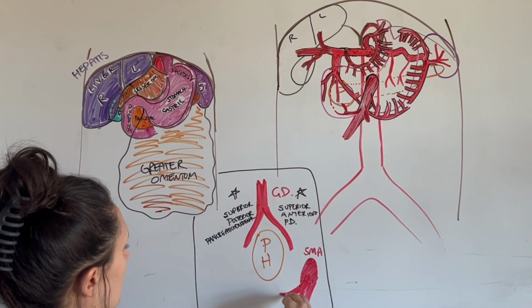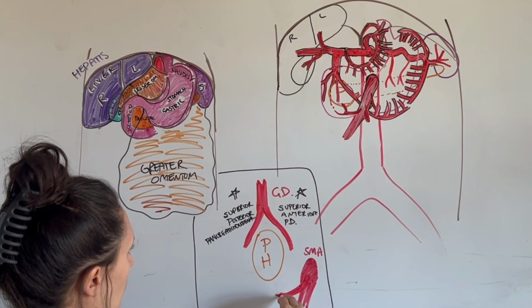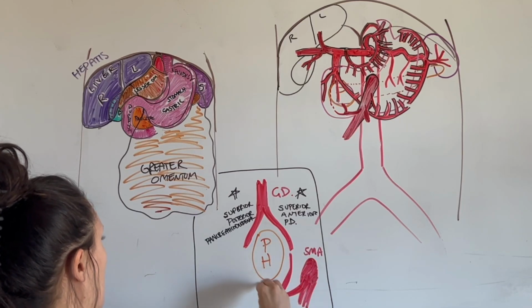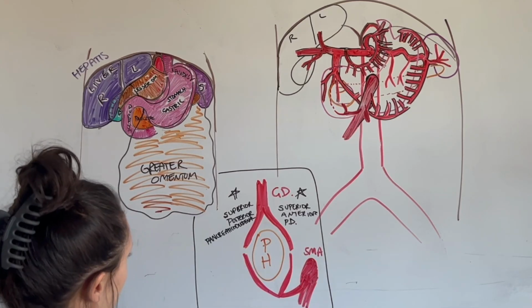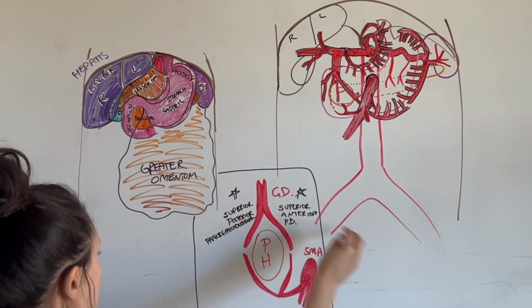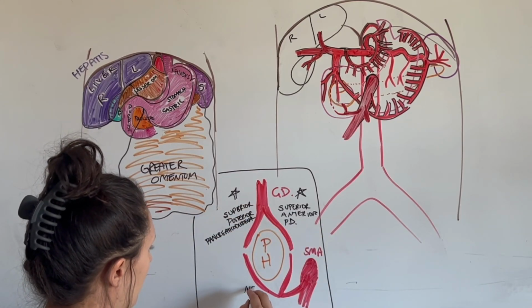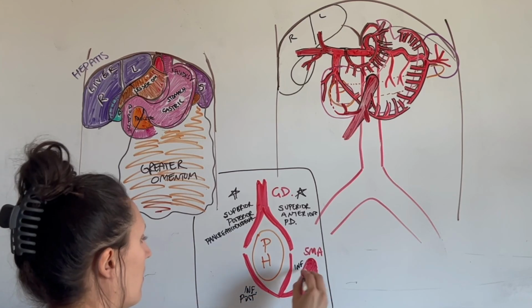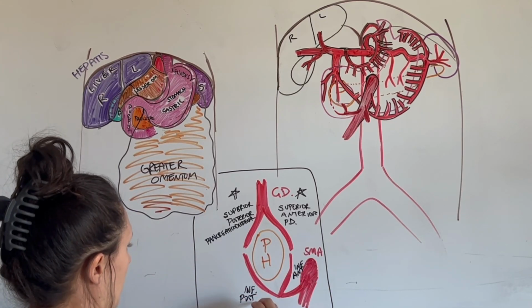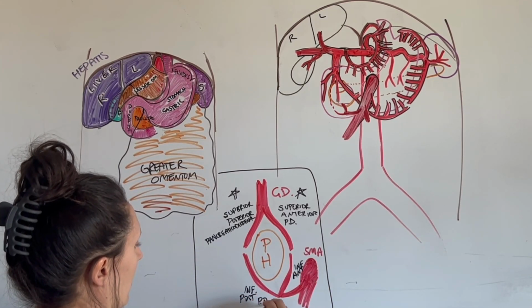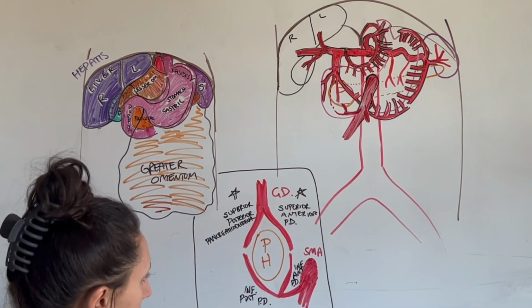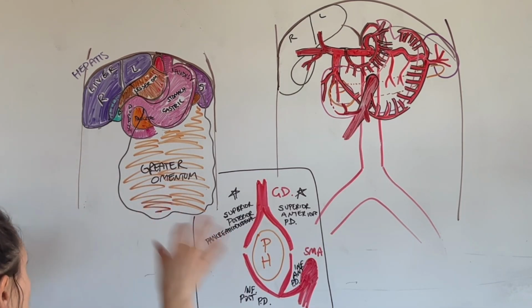That branch is going to be this inferior pancreaticoduodenal artery that has an anterior and a posterior branch. This creates the anastomosis, so this would be right inferior, inferior, posterior. They all have these little things attached to them, and I'm going to put PD for pancreaticoduodenal because I have no space. They're going to anastomose around the head of the pancreas.